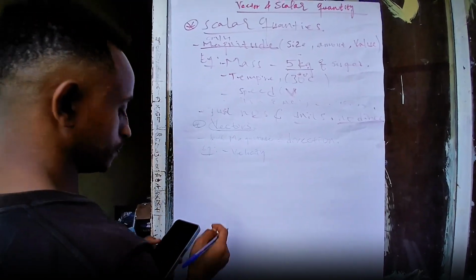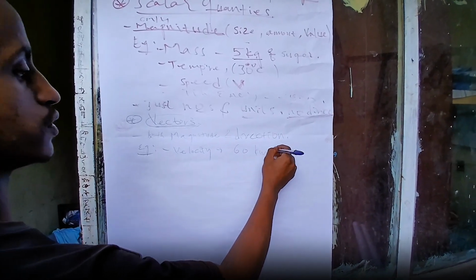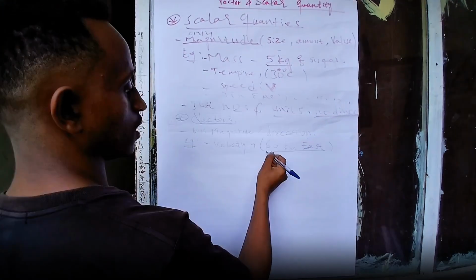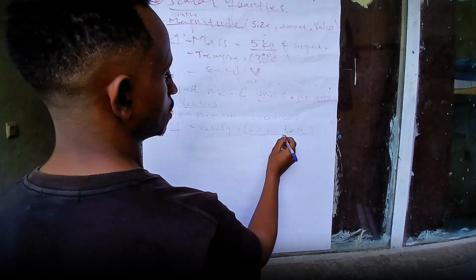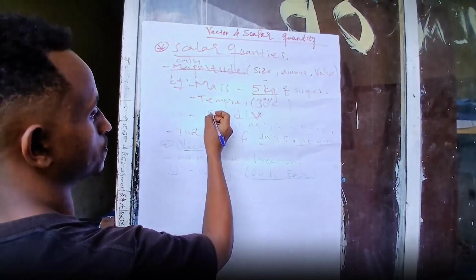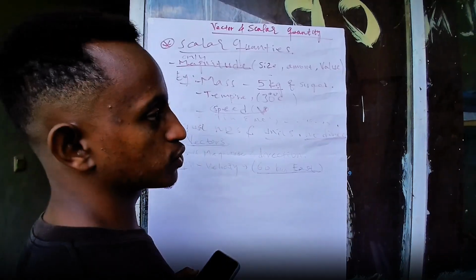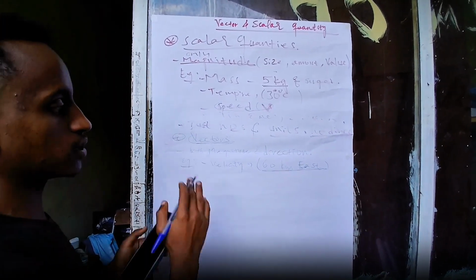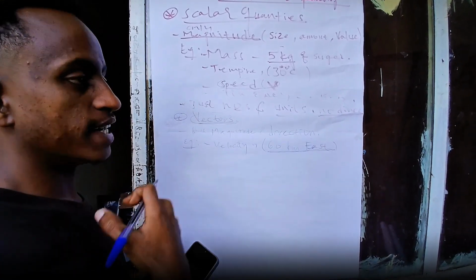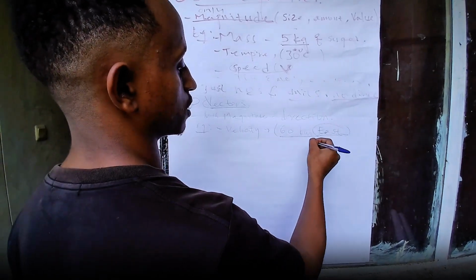Velocity. Let's describe velocity: 60 kilometers east. Take the difference with speed. Speed is when someone walks 60 kilometers from school to home, which describes only the magnitude, 60 kilometers. But with velocity, I walk 60 kilometers to the east direction.